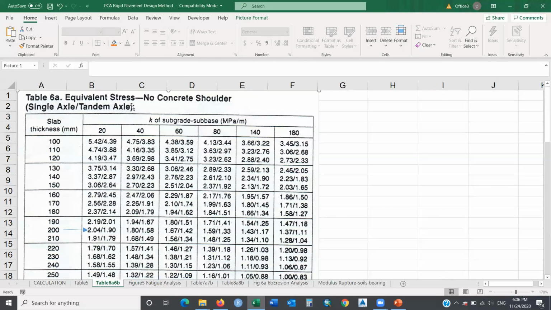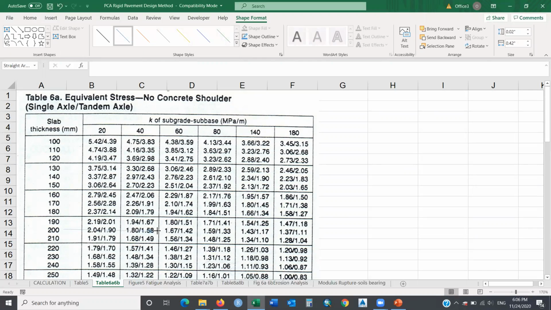And my equivalent stress for the tandem axle is 1.9. Let us imagine you add the cement stabilize, as we discussed before, and you go up to 60. In that case, your equivalent stress for single is 167, and your equivalent stress for tandem is 142.